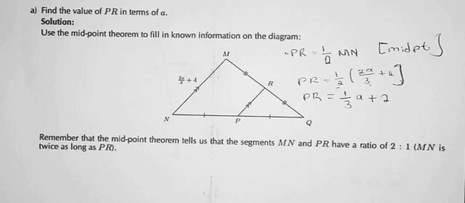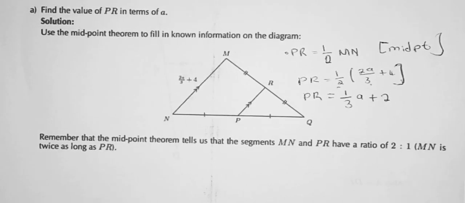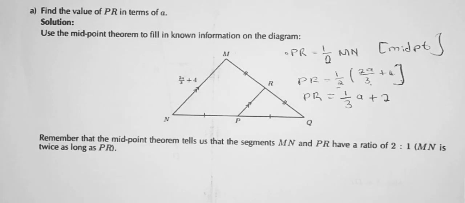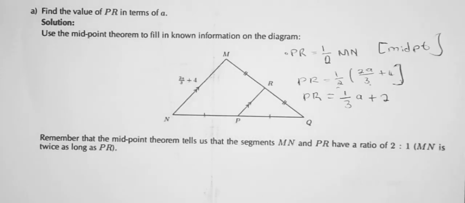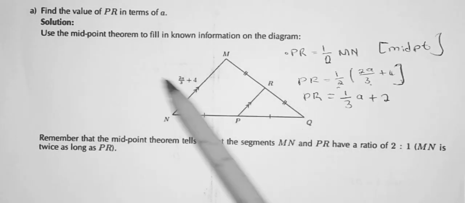Remember that the midpoint theorem tells us the segments MN and PR have a ratio of 2 to 1. MN is twice as long as PR.